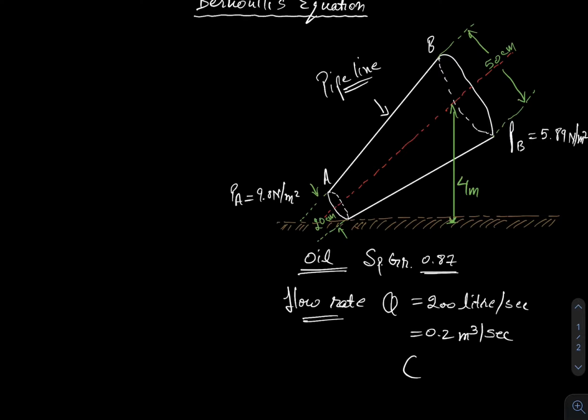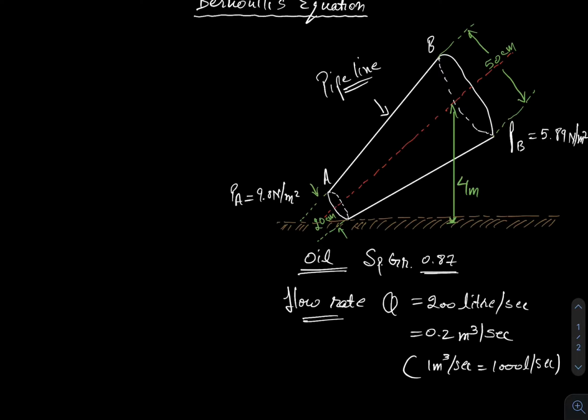I hope you know this, that 1 meter cube per second is equal to 1000 liters per second. Okay, keep this conversion in mind. It's used quite a few times in solving numericals. It's a very common expression actually. So 1 meter cube is equal to 1000 liters. Okay, so the flow rate is also given to us.